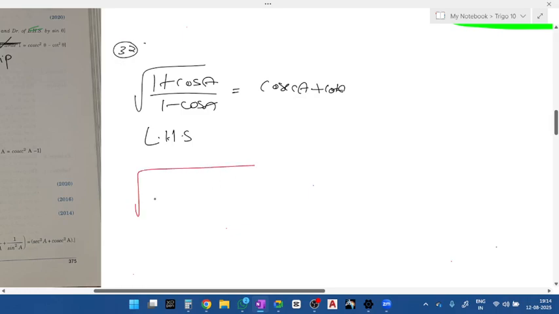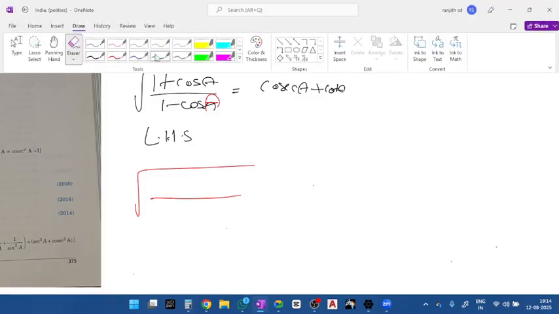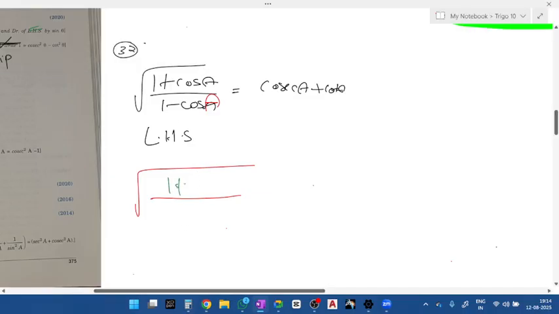Rationalize. And what's the one formula you get in the denominator, student? In the denominator, the formula is always fixed. Which one is that? A square minus B square. Remember this. Joanna, how will you rationalize this? Joanna, Naomi, unmute the call and tell me, students. 1 plus cos A divided by? So what do you have to multiply?